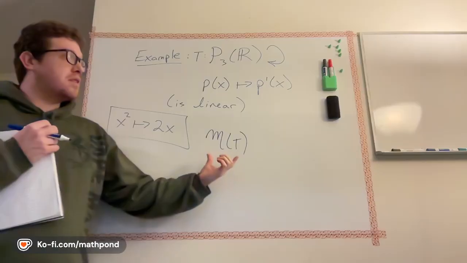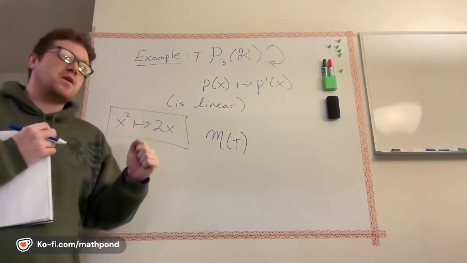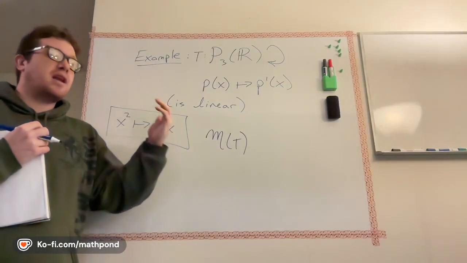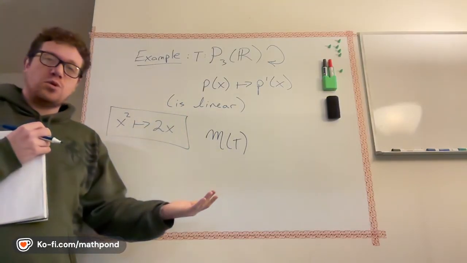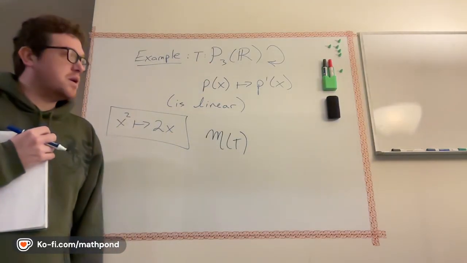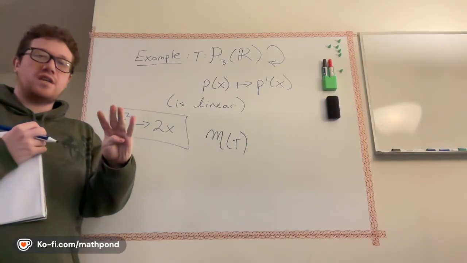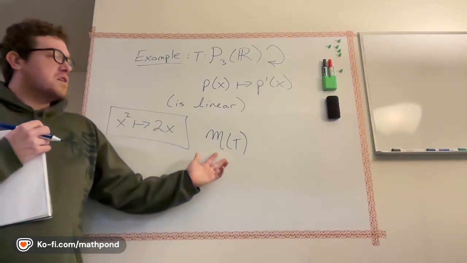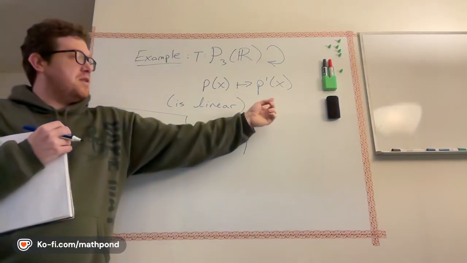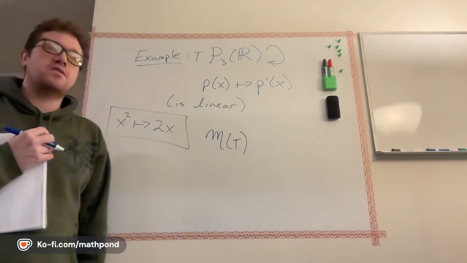We could call it the standard basis for polynomials: 1, x, x squared, and x cubed, since we're only going up to degree 3. So it's a 4-dimensional space, with a basis of 4 vectors. What is the matrix of this linear transformation where we take the derivative with respect to that standard basis, 1, x, x squared, x cubed?